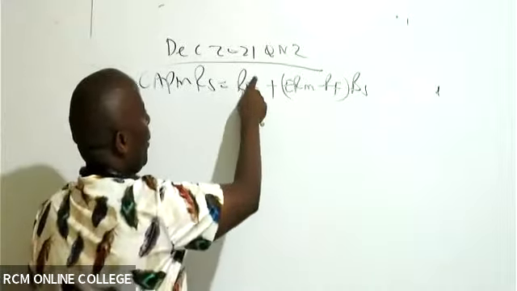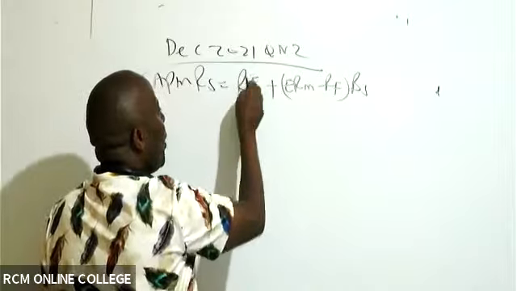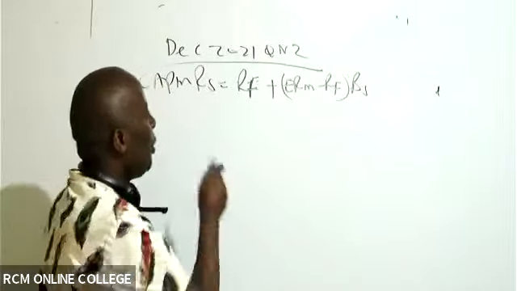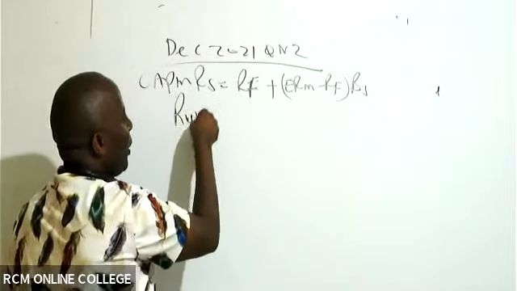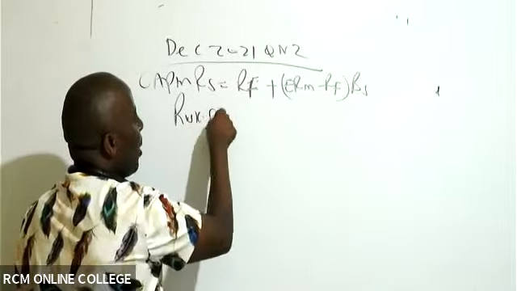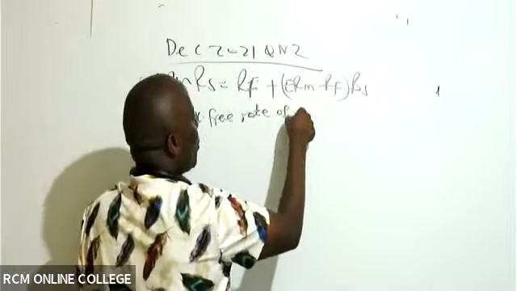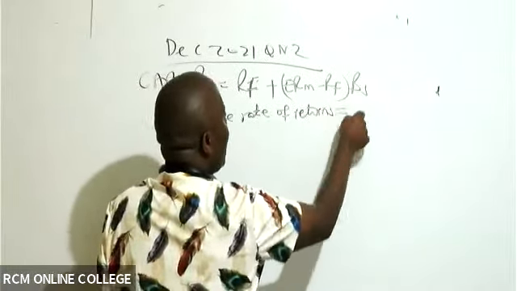This is risk-free. In this question, over 80% of the students were not able to give us the risk-free rate of return, because in most questions it's normally given directly.